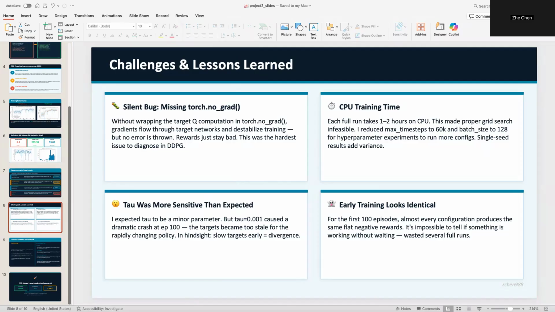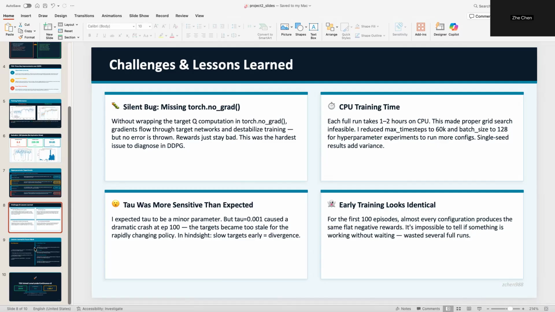Another challenge was training time. Each run took about 1 to 2 hours on my CPU, which made large hyperparameter searches very difficult. Also, the first 100 episodes look very similar across different configurations, so it's very hard to tell whether a particular run will succeed or not.